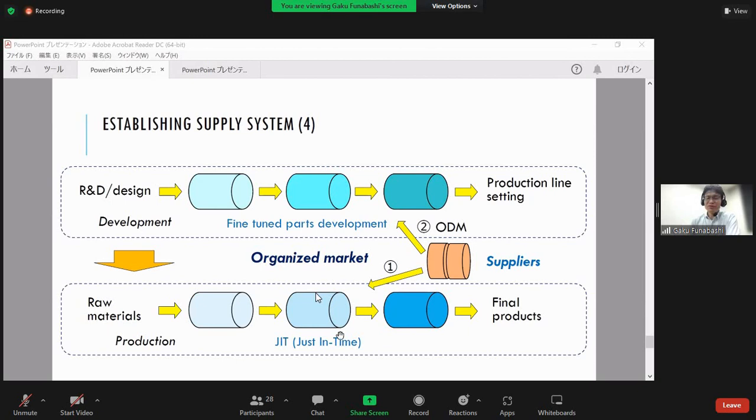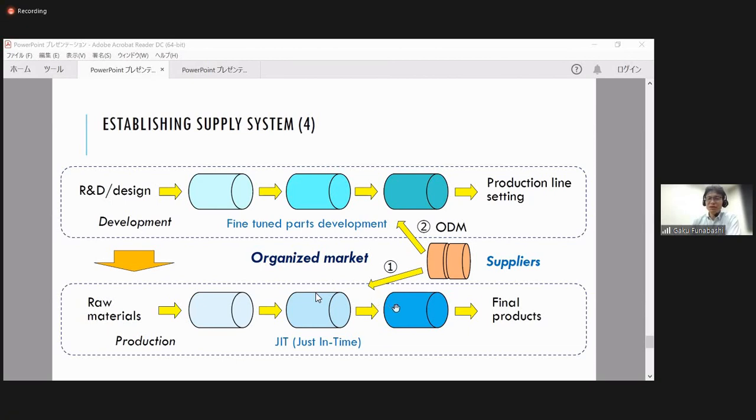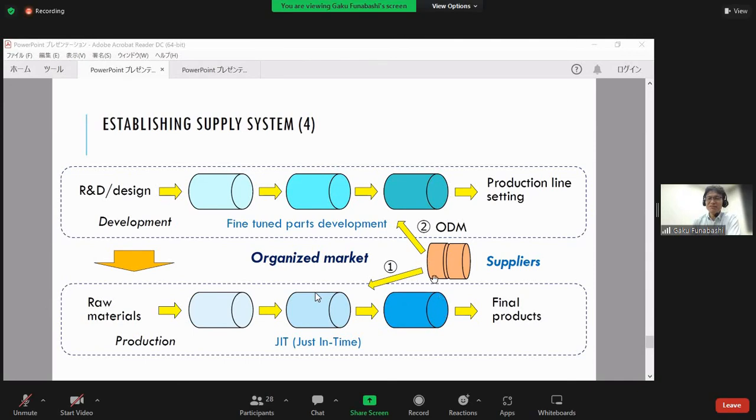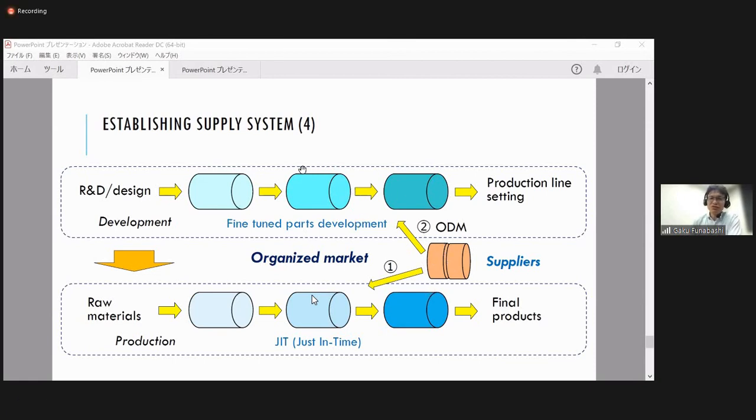Usually Toyota provides the design of the components to suppliers, and suppliers produce based on that design. But some good suppliers design themselves and suggest to Toyota, well, maybe in your new model, this kind of component can be used. So in that case, they are involved in even the design process of the new model.